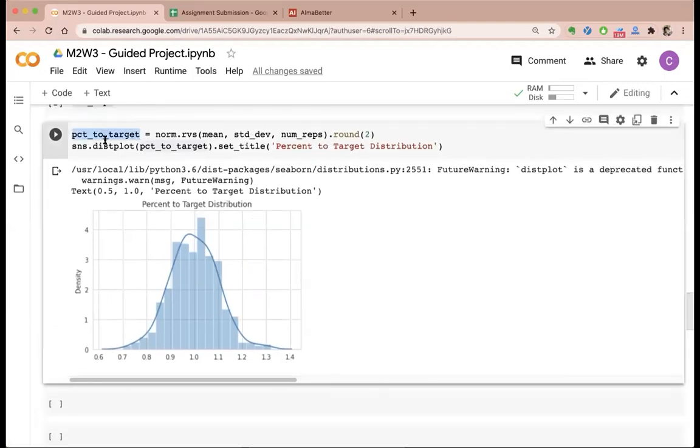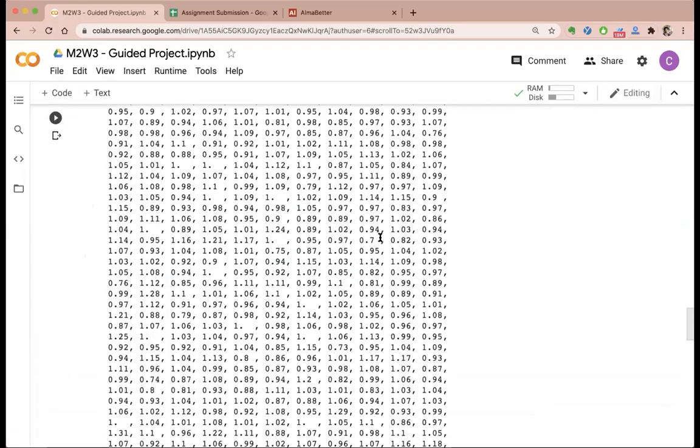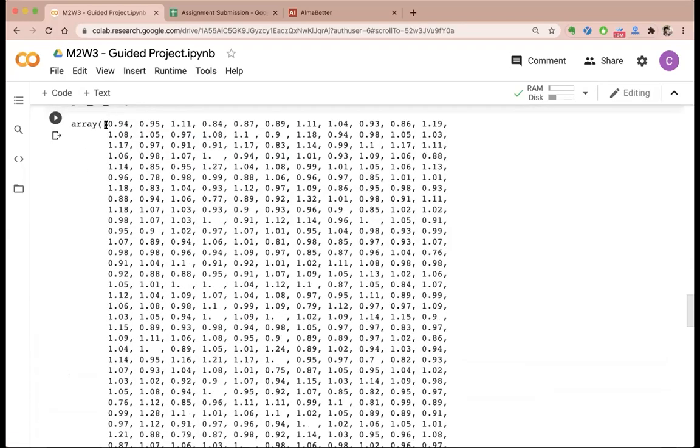Next thing is, let's say we just want to visualize what sort of numbers we are getting. You can see we are getting all sorts of numbers. So the first representative has achieved 94%, second has achieved 95%, and so on, right? Some people have overachieved their targets, 1.12, right? 112%, 114%, and so on.